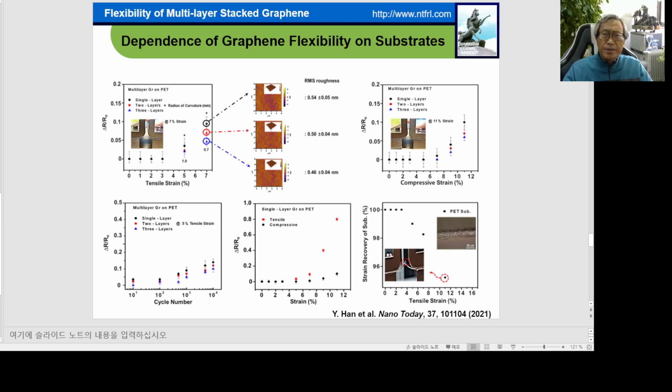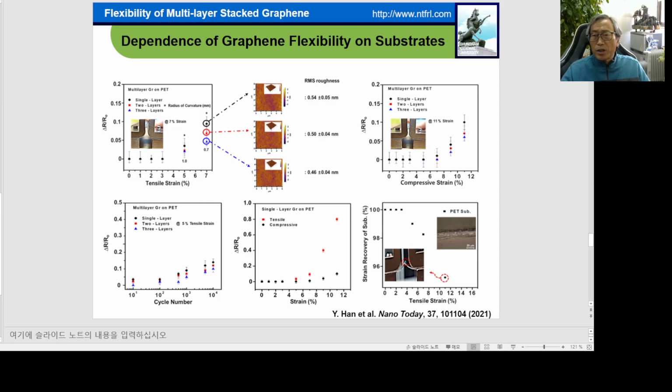In our case, our data is single layer, 2 layer, and 3 layer graphene on the PAT substrate. At 7% tensile strain, the normalized sheet resistance change is below 10%. But with increasing stacking layers, the flexibility increases.